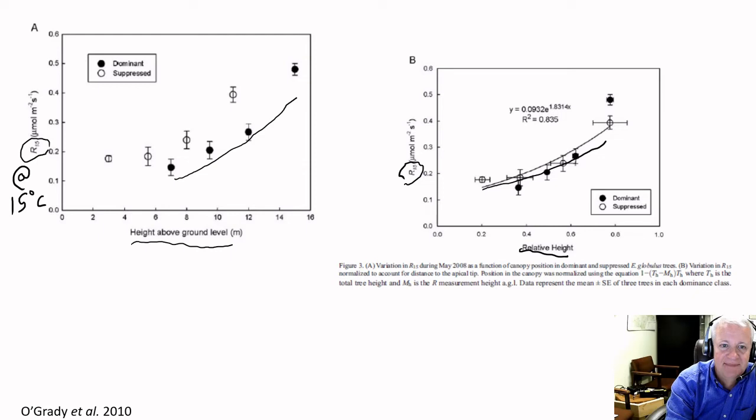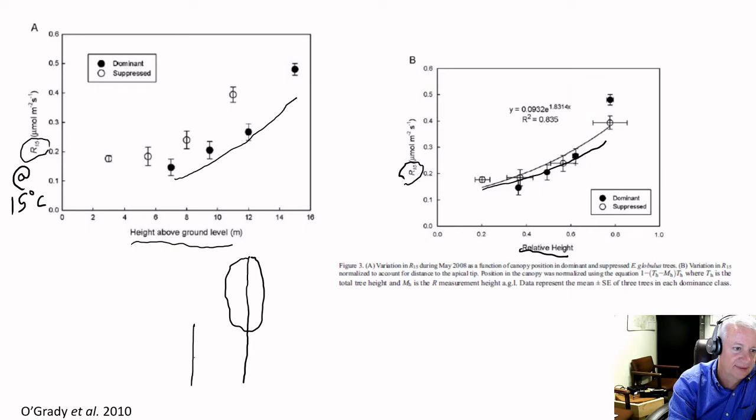basically the same. What that's telling us is, let's think about a forest where we have a dominant eucalyptus tree and a suppressed eucalyptus tree. What that tells us is that both of those trees allocate nitrogen within their tree crowns.